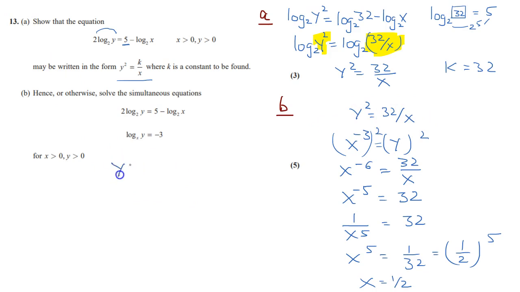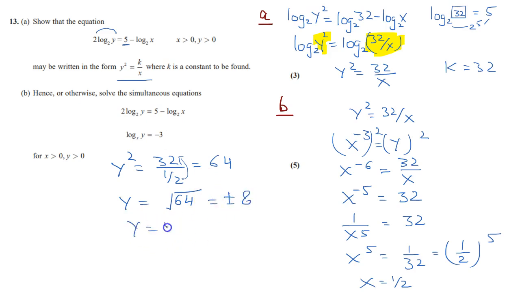Now we use this equation to put the value of x. So y square is equal to 32 over x, x is 1 over half, so that is 32 multiply 2, that is 64. So y is equal to root 64, so it will be plus minus 8.